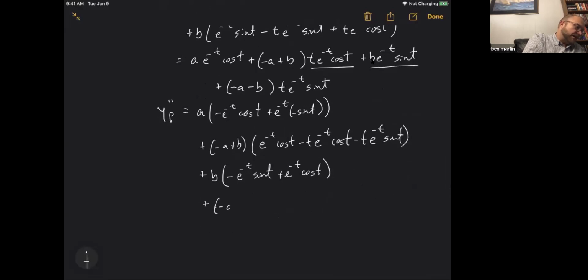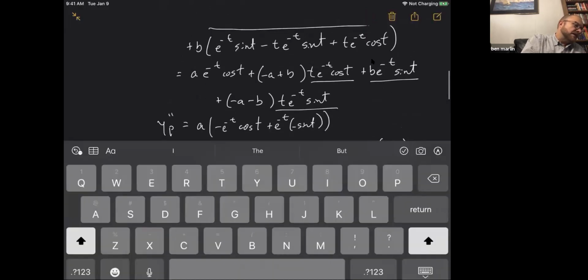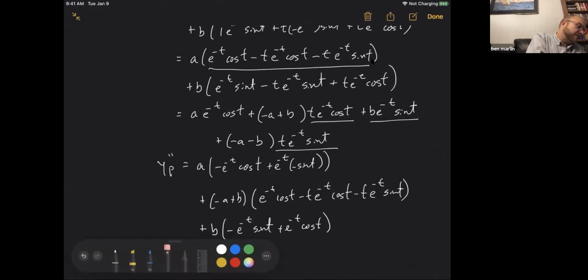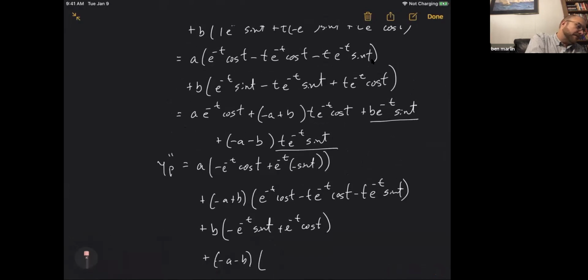Plus minus a minus b times, now we have to take the derivative of the t e to the minus t sine t, and that is what we did right here.